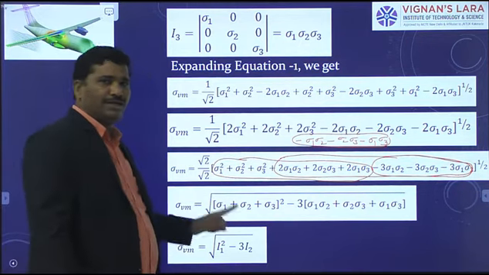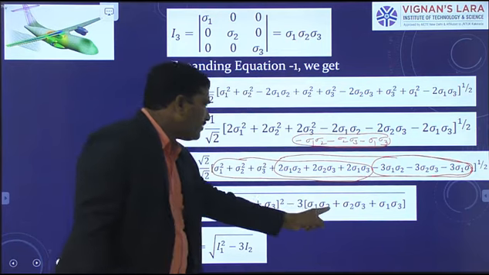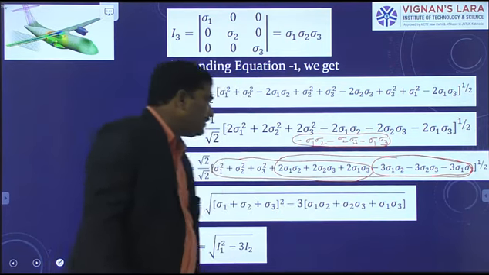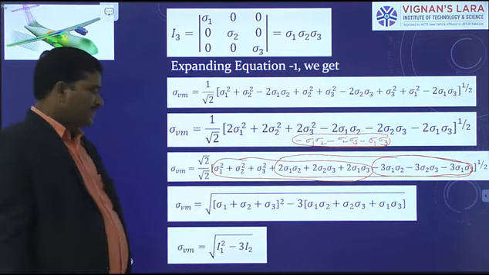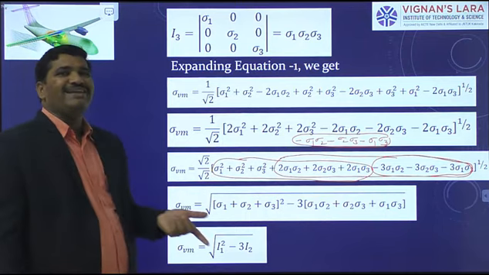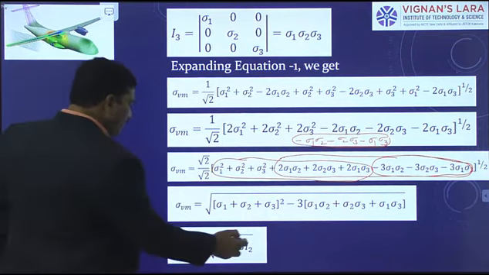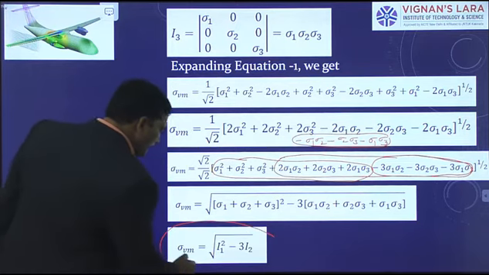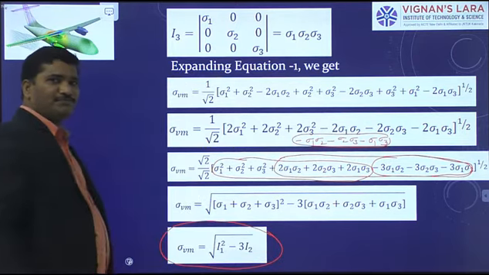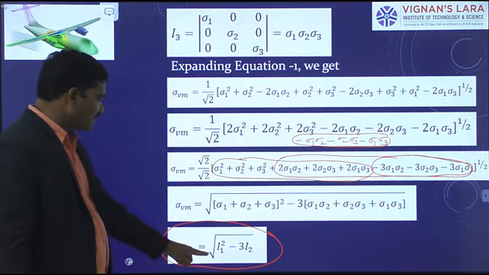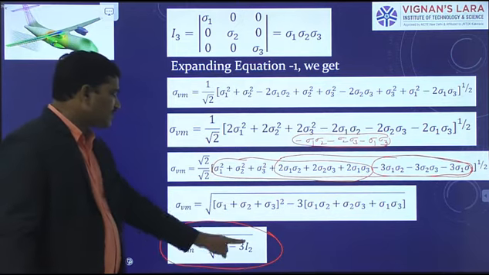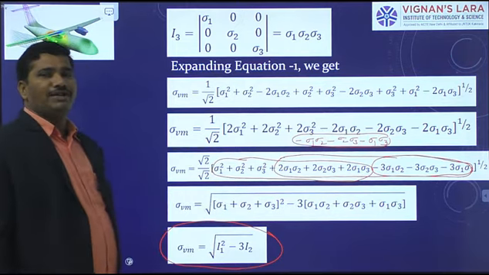So minus 3 into, what is sigma 1 sigma 2 plus sigma 2 sigma 3 plus sigma 1 sigma 3? It is the second invariant of stress, I2. So therefore, the von Mises stress we can simply represent in this form: the von Mises stress equals square root of I1 square minus 3 into I2.